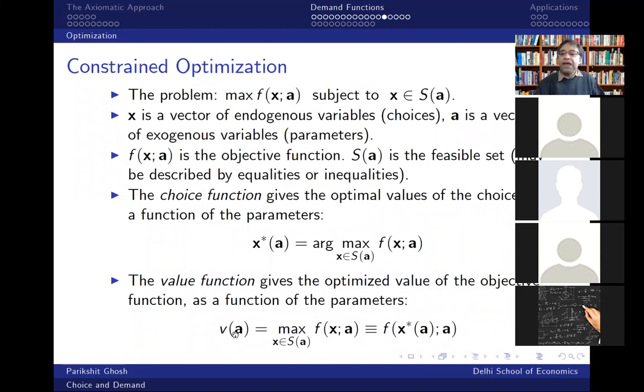So v as a function of a. So keep an eye on the question, function of what? Function of the parameters. So you can describe it in two possible ways. It's just the maximized value of the function subject to the constraint. Another, equivalent way of describing it is that you go to the objective function and you plug in the choice function inside the objective function. That gives you the value function.